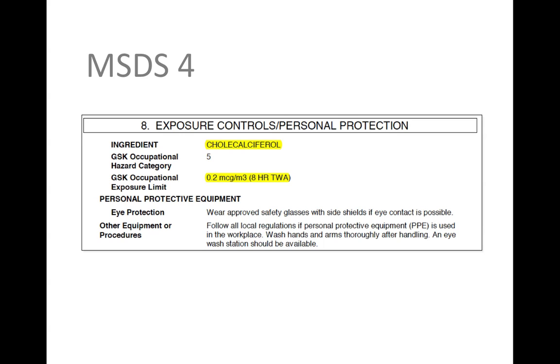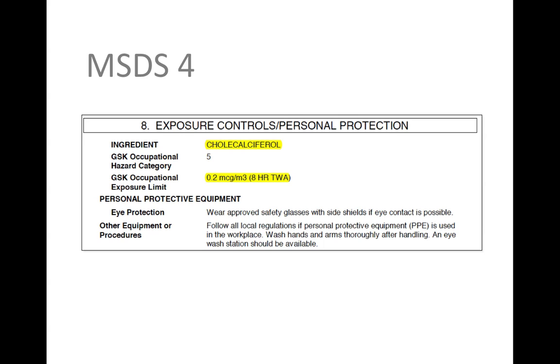Our fourth and final MSDS is from GSK for cholecalciferol. GSK, by the way, is a large international pharmaceutical company, and cholecalciferol is the same as vitamin D3. In their MSDS, they state that the GSK occupational exposure limit is 0.2 micrograms per cubic meter, which is 5 times lower than the exposure limit that we saw in the previous MSDS.